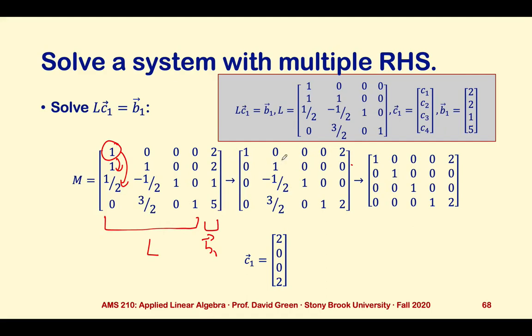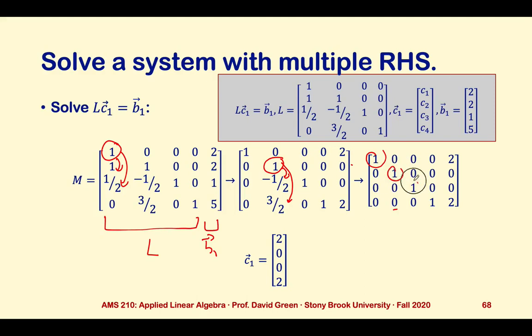Move over and to the right, our next pivot, eliminate downward again. Add half of the second row to the third, which gives us a 0. All of the rest of the entries on the second row are zeros, so everything else is unchanged. For the fourth row, we subtract 3 halves times the second row. Again, because all of the following entries are 0, this just zeroes out that one entry, leaving us in our final form.